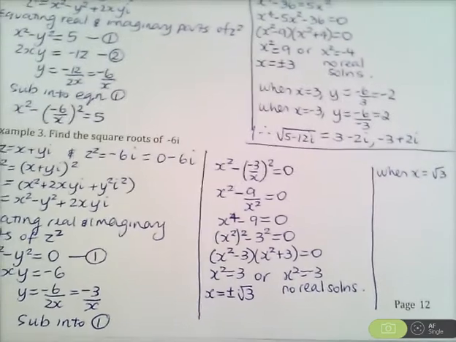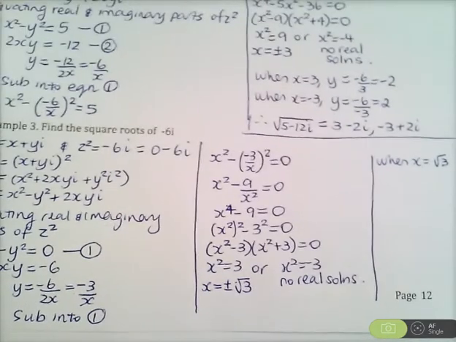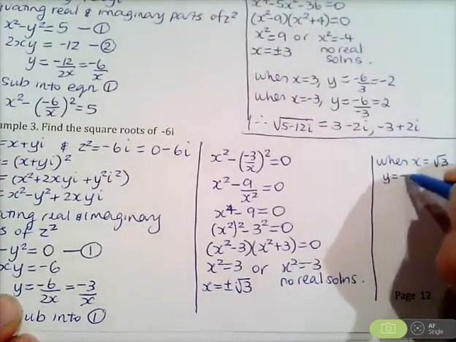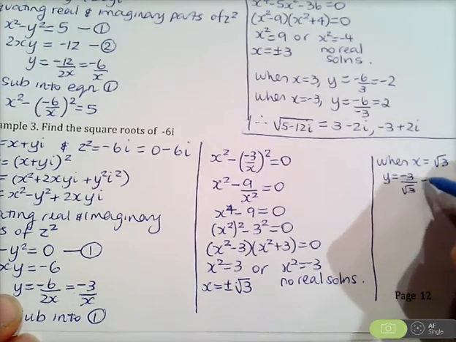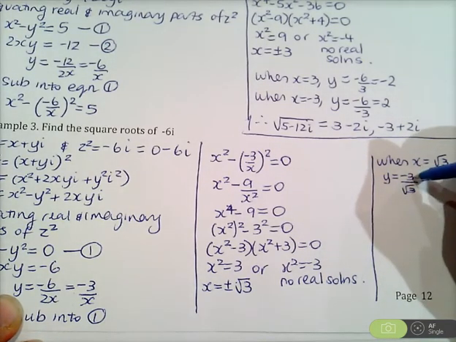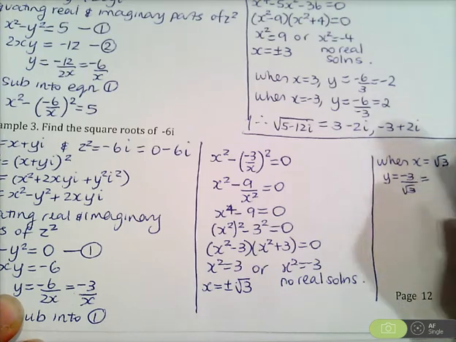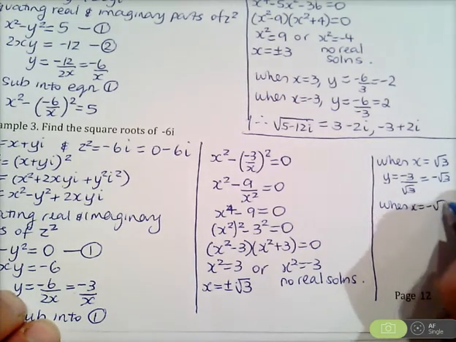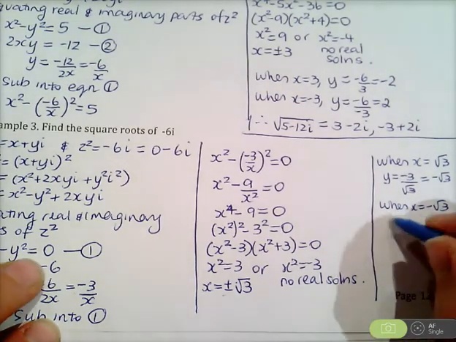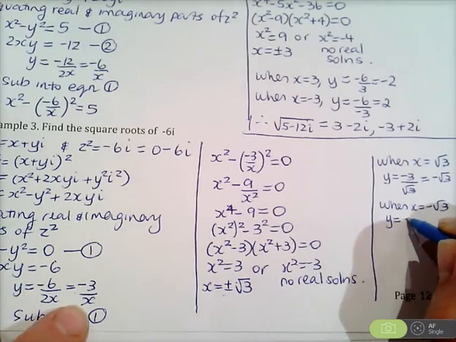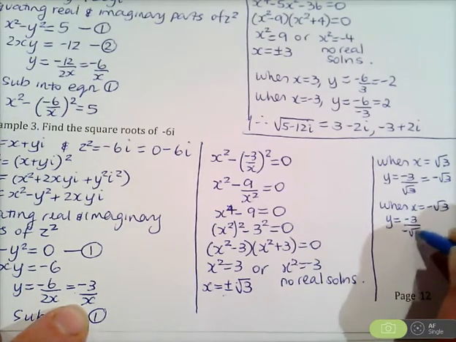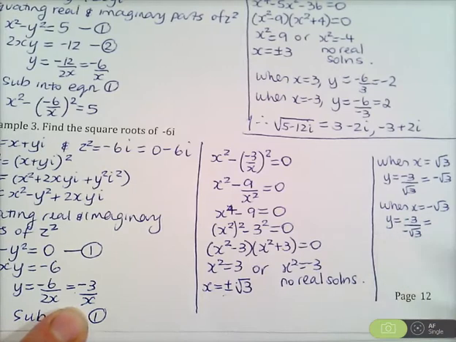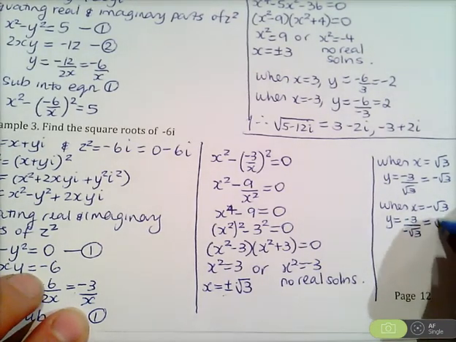So when x is positive root 3, we get that y is negative 3 on root 3. Now just think of 3 as root 3 squared, or you can just rationalize it, and you'll get negative root 3. Okay, and also when x is negative root 3, we get that y is negative 3 over negative root 3, which is a negative divided by negative, a positive, and we get positive root 3 if we rationalize that.